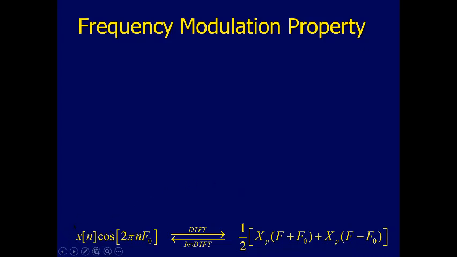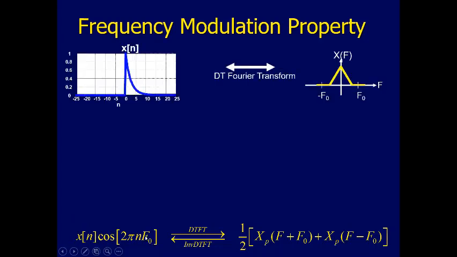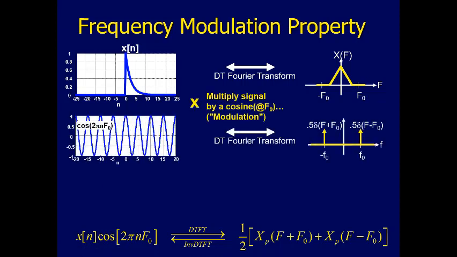If I take a time signal and multiply it by a discrete time cosine, that time signal is going to have some spectrum. If I multiply it by a cosine, we call that modulating, which is in this modulation function, this cosine has a discrete time Fourier transform that's a pair of impulses at plus or minus f0 with a weight of 1/2.